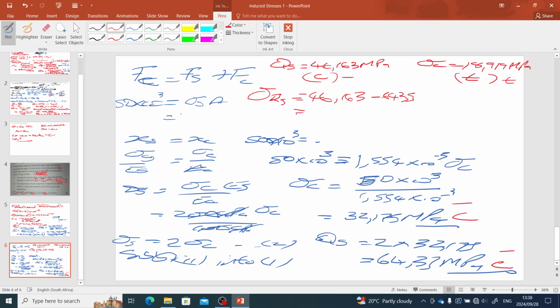Let's add them: 46,163 plus 64,35. I'll take 35 there, but verify for me, please. Then I get my answer as 110,513 megapascal. And its nature is compression.